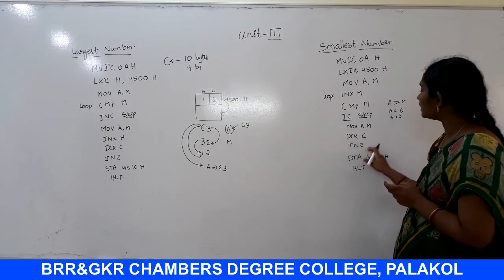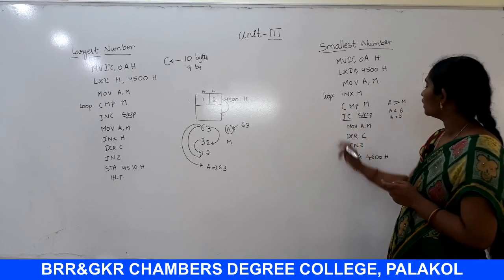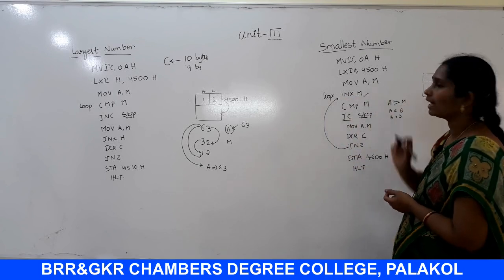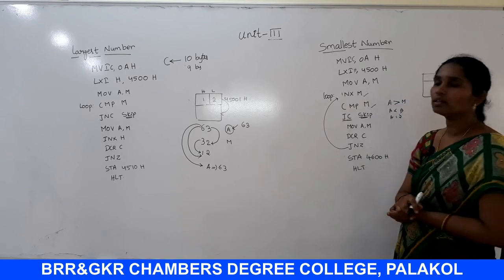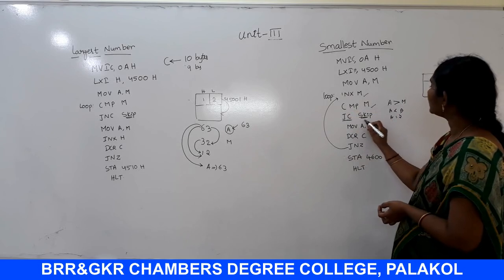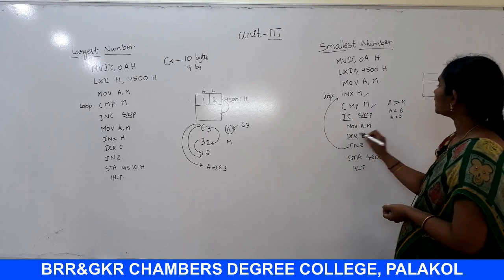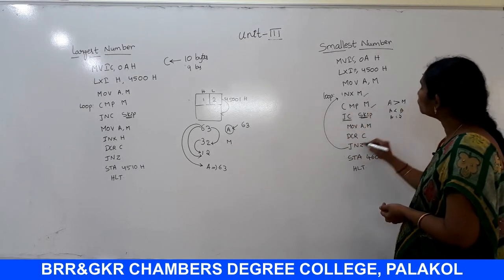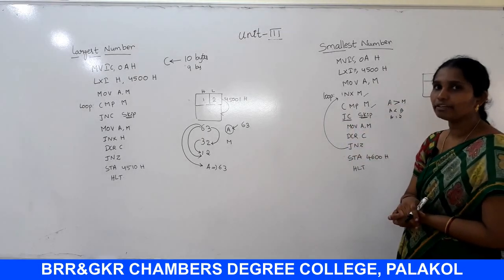If a non-zero value occurs, the loop will repeat, and again increment M and compare M with the accumulator. If no carry is generated, the data is stored in the accumulator. Next, again decrement C. Likewise this loop repeats until the smallest number is identified.